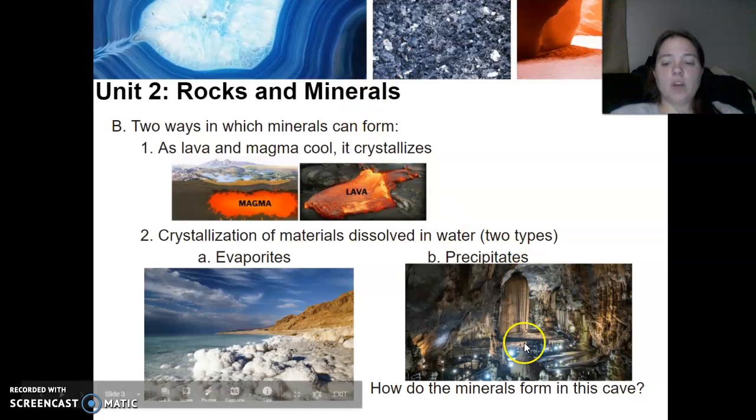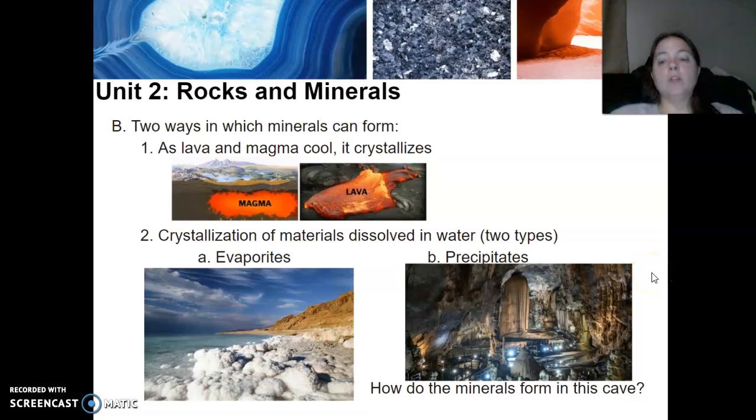And then you have this right here. Now, what the heck is that? That's a cave. This is a form of precipitate, which means that all these minerals that are in the water, you've heard of hard water and stuff like that, that means they have minerals in them. And as they seep down into the earth, they can collect even more.